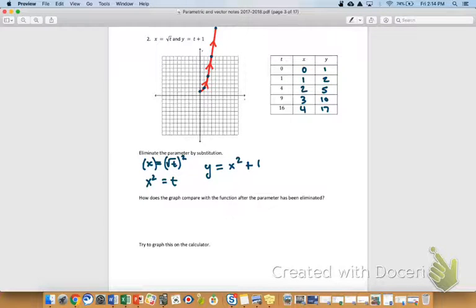Reflected across the line? Good idea. What if the t values went negative? What if we went back in time? Then we get a negative square root, then it's imaginary. That's not going to work. You'd need a complex graphing plane. If we had the complex plane, so maybe there's not a way to get the whole thing, right?